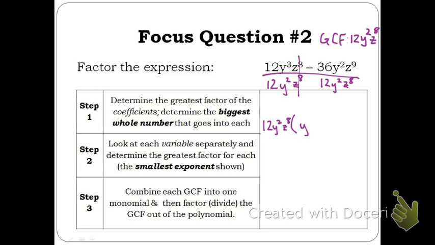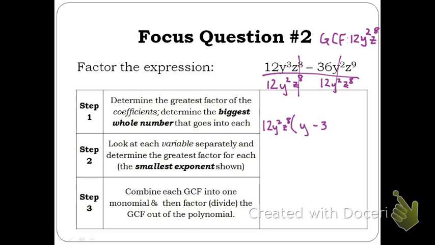Now, with the minus 36 divided by 12, that is minus 3. And then we have y squared divided by y squared. When you do your factoring properly, you'll see how the z to the 8th canceled in the front. The other thing, y squared, should cancel from the back.